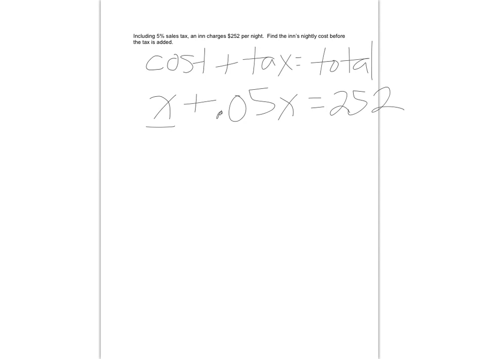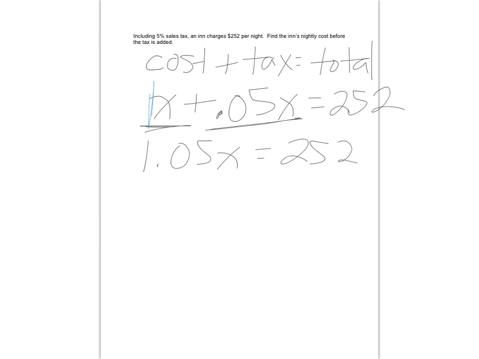So cost plus tax. We can add those together. 1x plus 0.05x would be 1.05x equals 252.